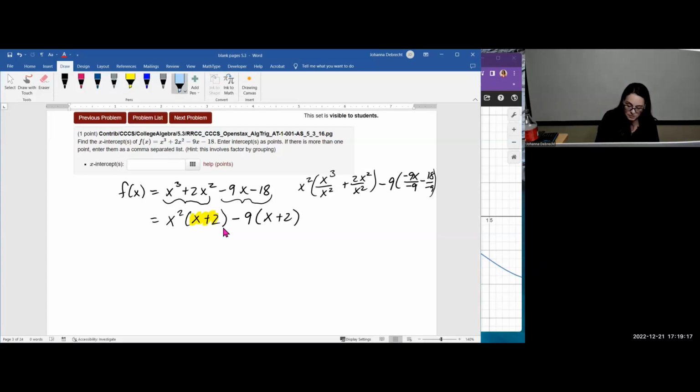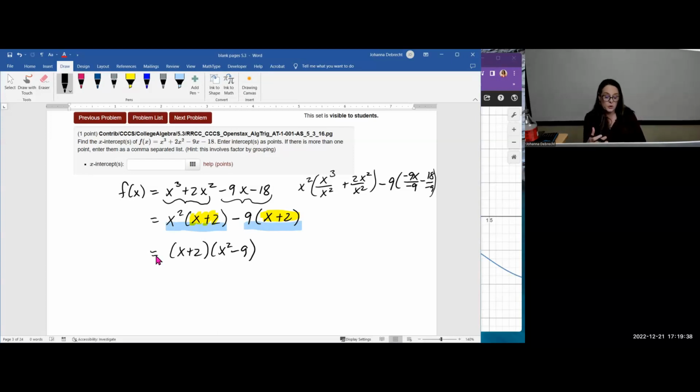So my 2 terms now are this one here and this one here. And they do have something in common. They have that x plus 2. This x plus 2 that you see right here, that's common. So to factor that out, I end up with x plus 2 times x squared minus 9.